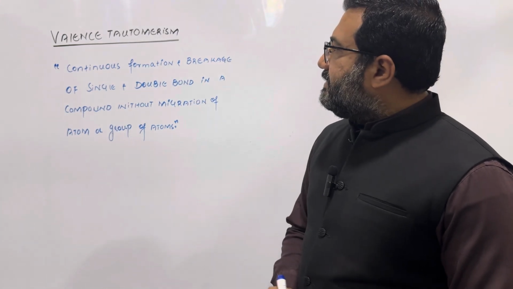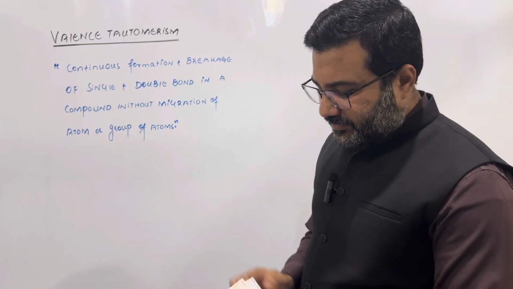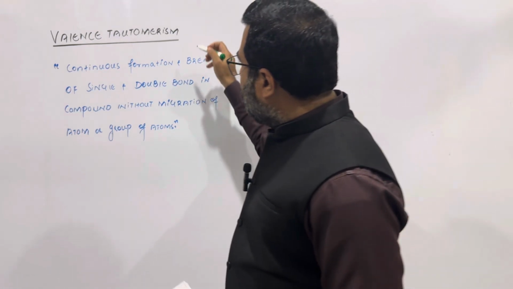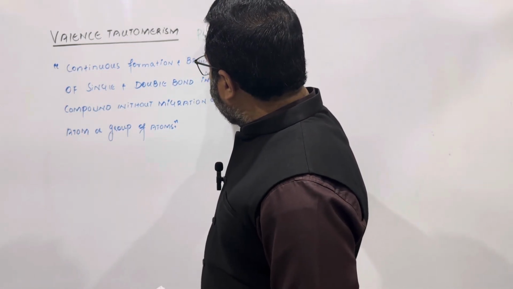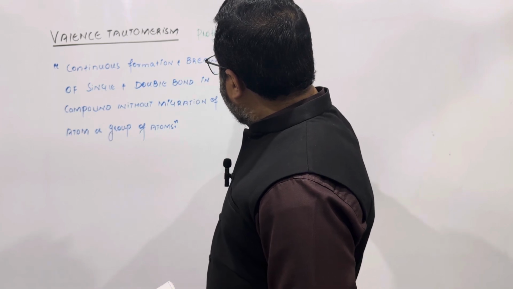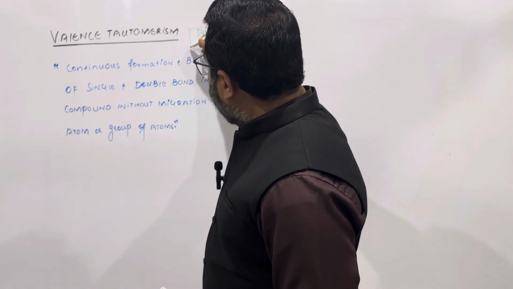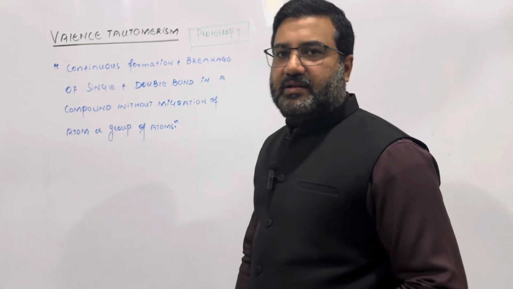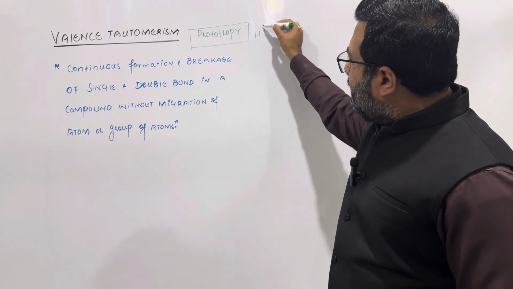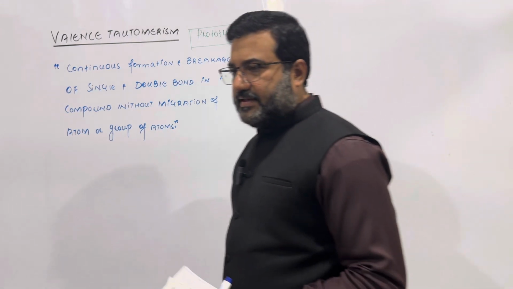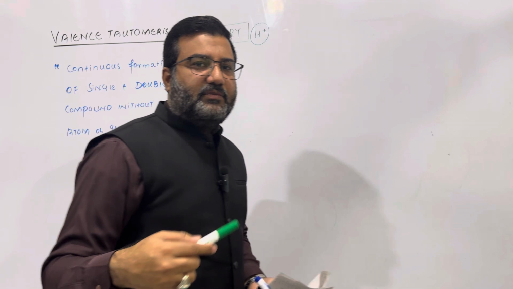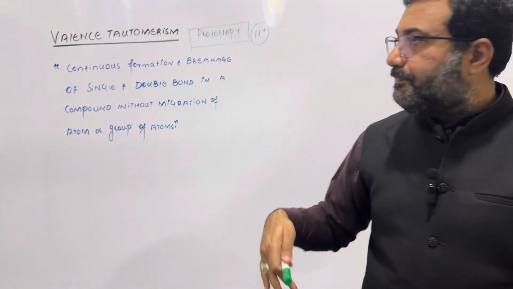So my dear students, tautomerism is of two types. One is the Valence tautomerism and the second one was prototropism or prototropy. In prototropy, there was shifting of the atom, particularly proton, which was H positive ion, from one atom to the other atom within a compound.